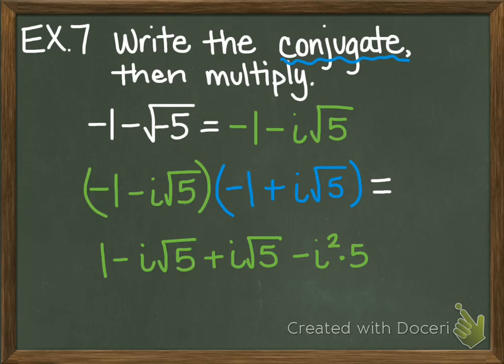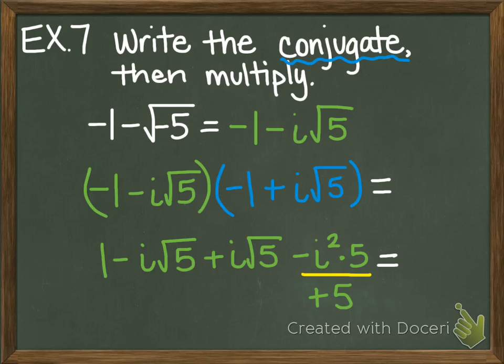So notice here when I'm going to simplify, let's start on the right hand side. 5 times negative i squared, I know that i squared is going to become a negative 1. So it's really going to be a negative 1 times 5, which will be a positive 5. Then I'll look at the middle two terms, and they're the same except one is positive, one is negative.